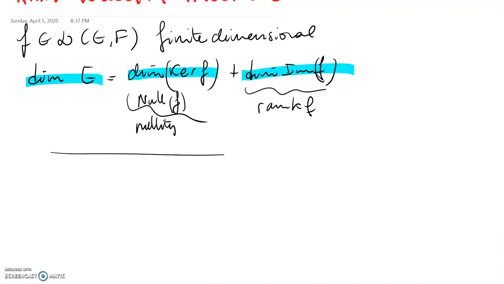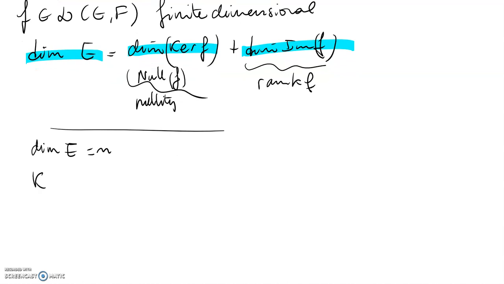All right, let's give some name to these dimensions. Let's say that the dimension of E is equal to n. And so the kernel of F is a subspace of E. You remember this is one of the fundamental spaces.